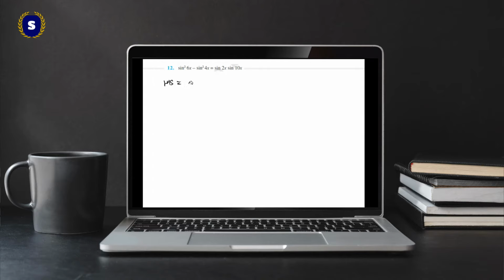LHS is equal to sin square 6x minus sin square 4x. So we can use the identity of a square minus b square, so (a plus b) into (a minus b).